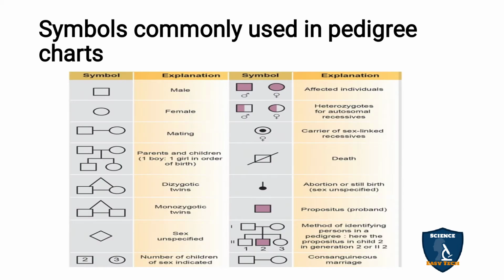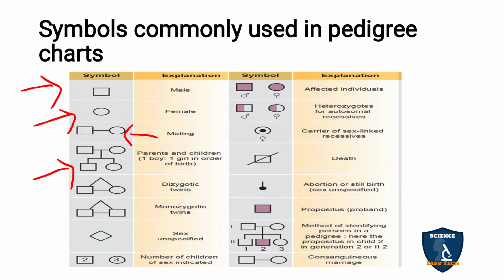You can see the symbols in this chart. The square box indicates male, and the circle indicates female. This is the mating symbol, and from this symbol after mating you get the children.